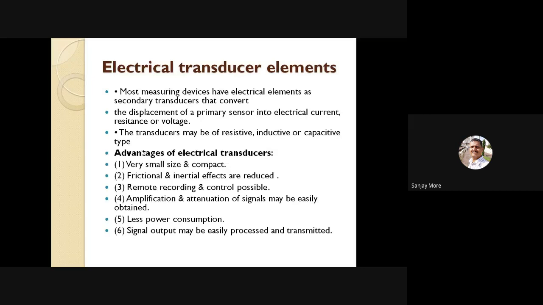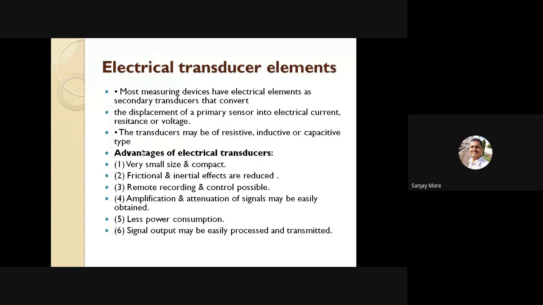The transducers may be resistive, inductive, or capacitive type. If any shortcomings remain in mechanical transducers, some changes are made and they are used as electric transducers.